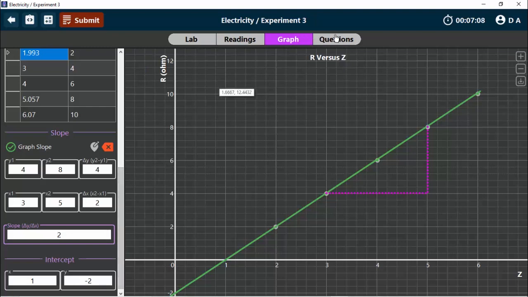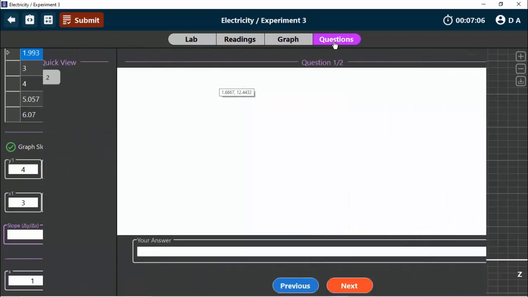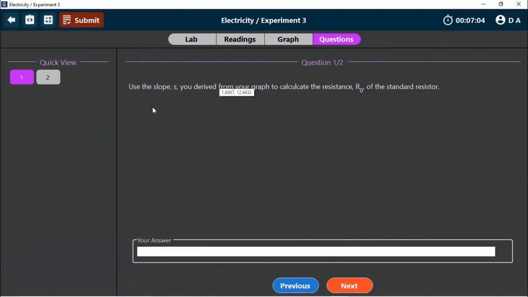Let's move on to the questions. For the first question, we are asked to use the slope S that we derive from the graph to calculate the resistance R0. If you had read the principles behind this experiment, you would have seen that the slope is actually equal to the resistance.